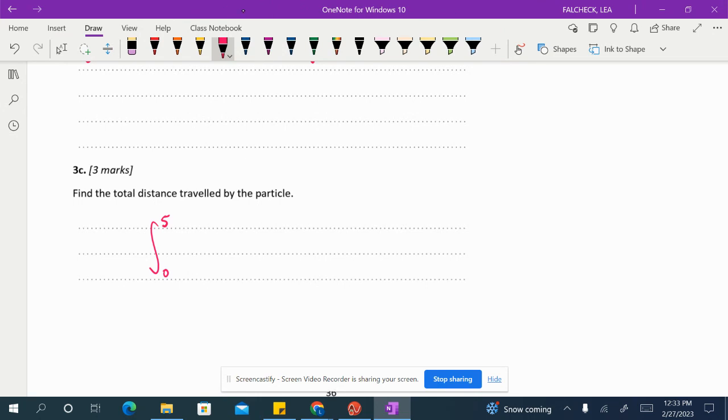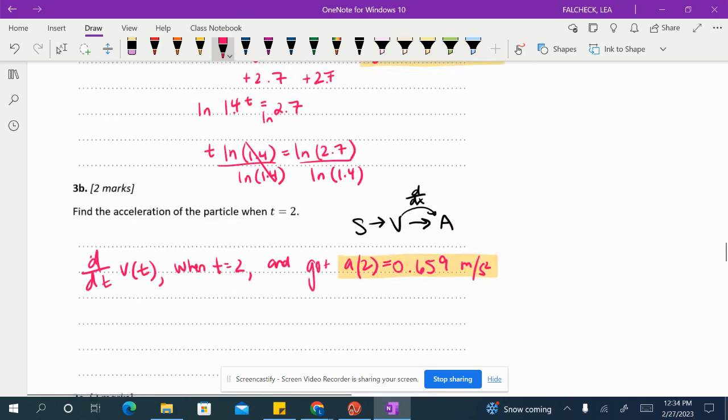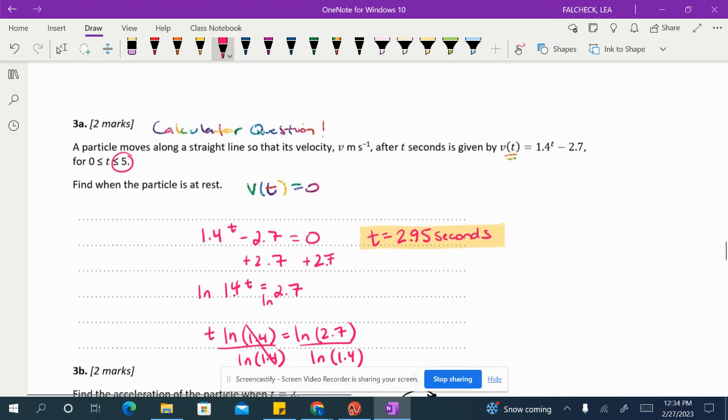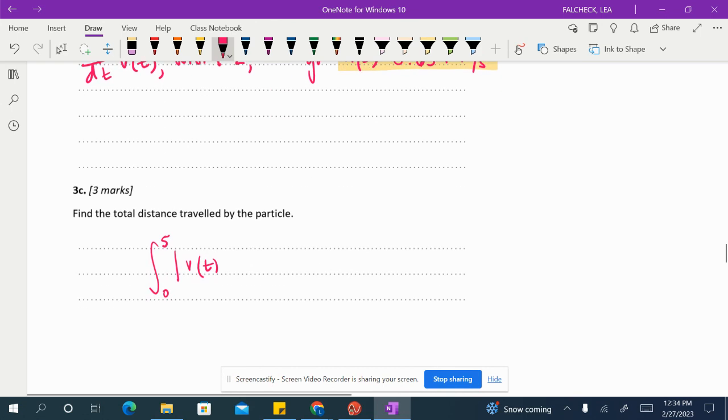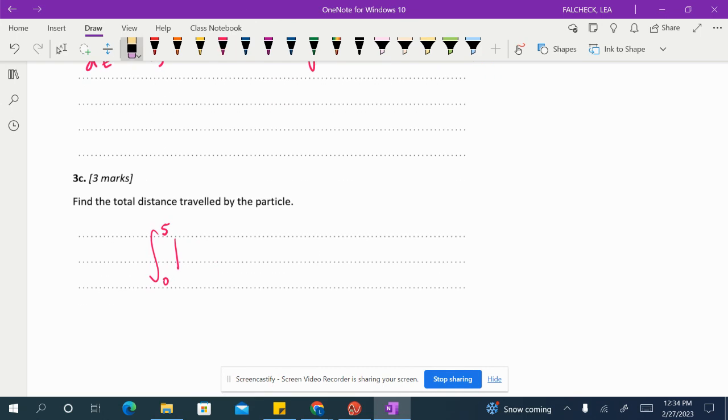And then we know that total distance traveled is going to be the integral of the absolute value of v of t. So v of t is given as 1.4 to the t minus 2.7. So I've got 1.4 to the t minus 2.7. Okay.